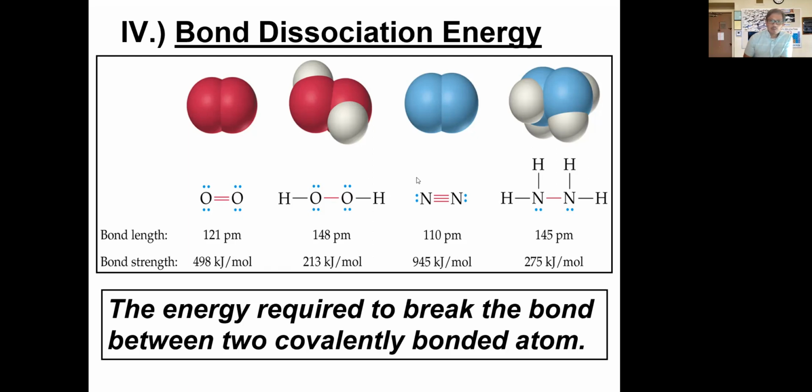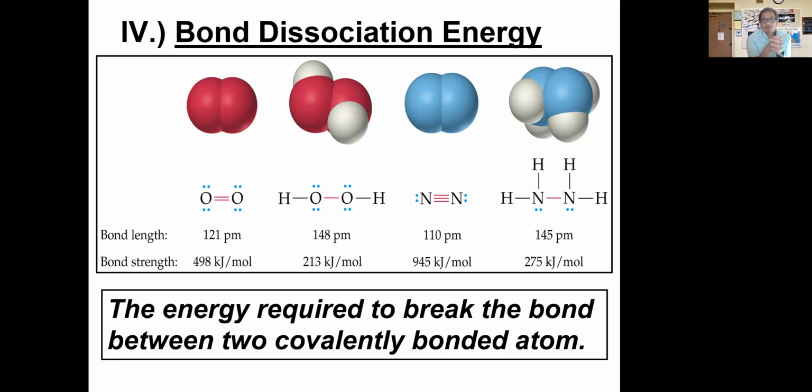You can see why this triple bond between two nitrogens is much greater in bond energy than the single bond between two nitrogens. The more bonds there are, the more energy it takes to break them. A single bond takes less energy to break than a double bond, and a double bond less than a triple bond. That is generally true.